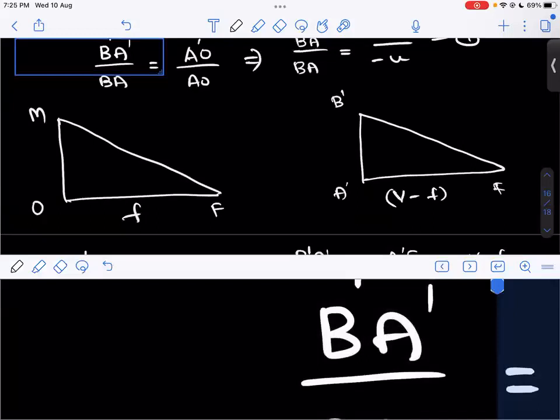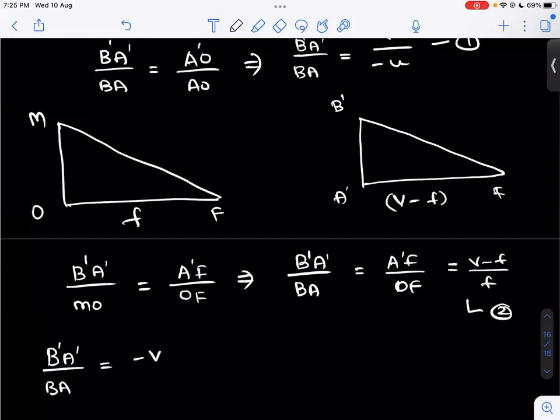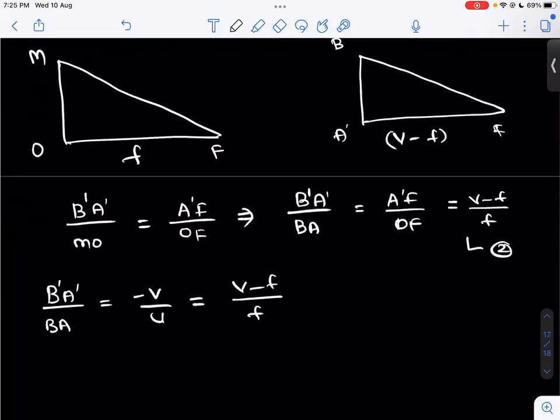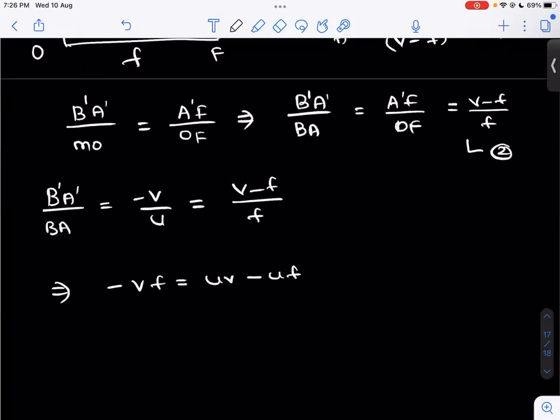Let me take this to be equation number 2. So B dash A dash divided by BA is minus v by u. Also, it is equal to v minus f divided by f, which implies minus vf is equal to uv minus uf.